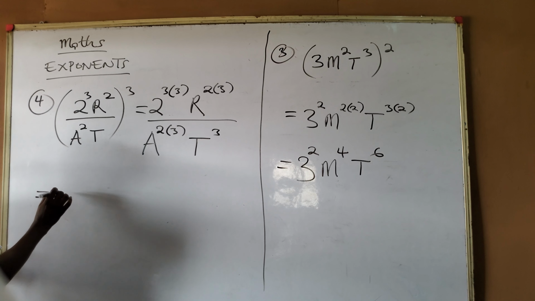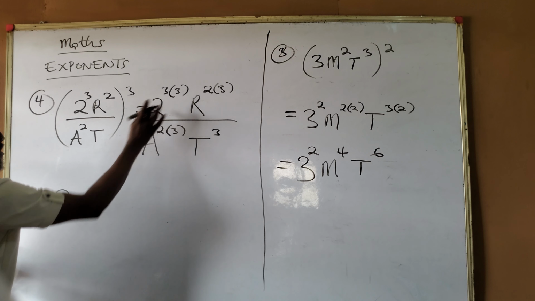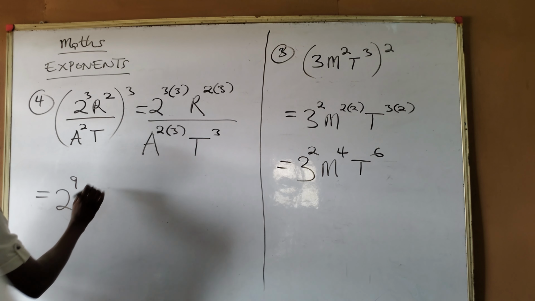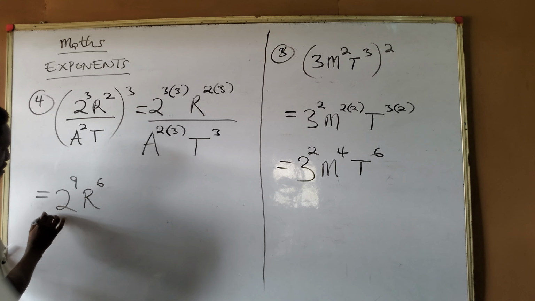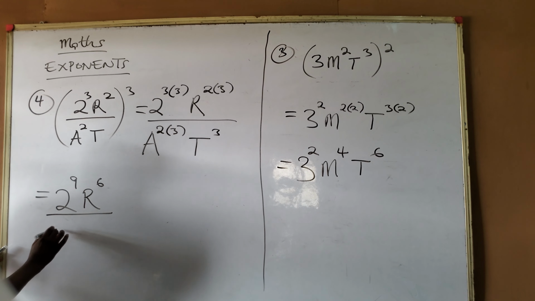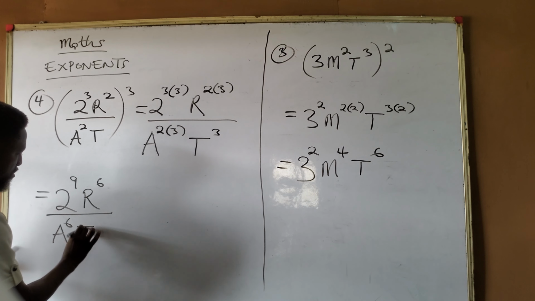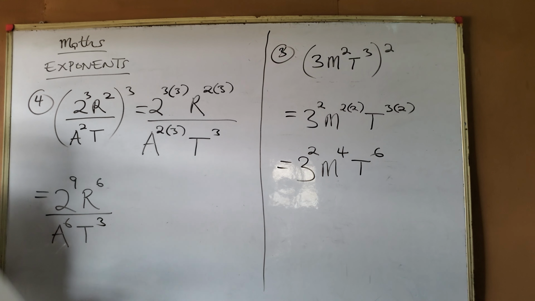So this one is 2 to the power 3 times 3 is 9, r 2 times 3 is 6, all over 2 times 3 is 6, and t to the power 3.